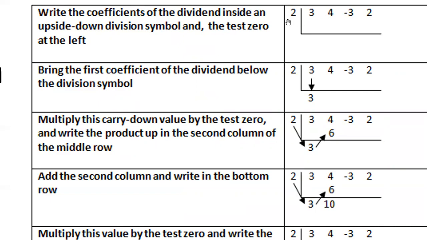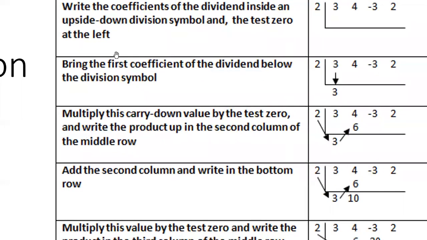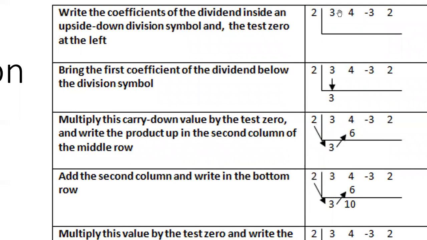Okay. Then you're going to use the test, the 0. So this is saying that if I have a positive 2, my divisor was x minus 2.